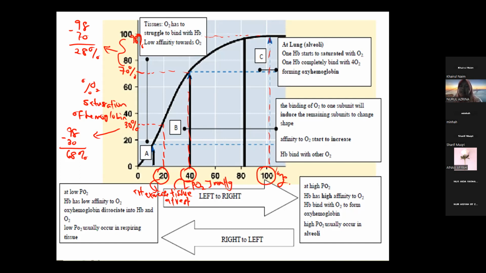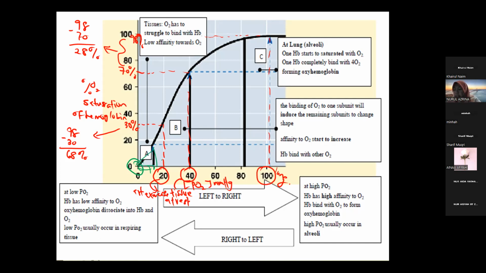Maksudnya hemoglobin kita ni masa tu macam mana pada different partial pressure. Okay, so we start with here. We start with let's say 0 partial pressure. Okay, so you can see at low partial pressure, ataupun ni lah kawasan sini daripada 0 sampailah 10 ni agaknya. Nampak tak ni kawasan ni?